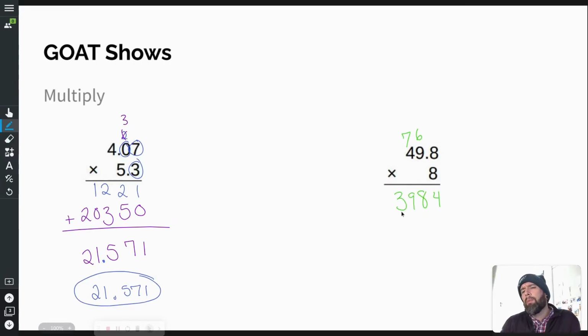Write that out. I have 1 decimal place. So count over from the right once, and we end up with 398 and 4 tenths.